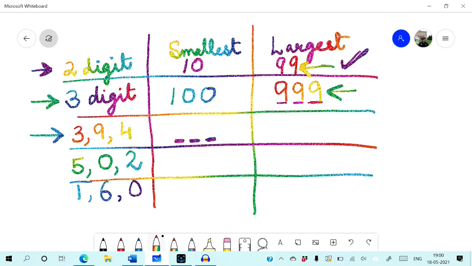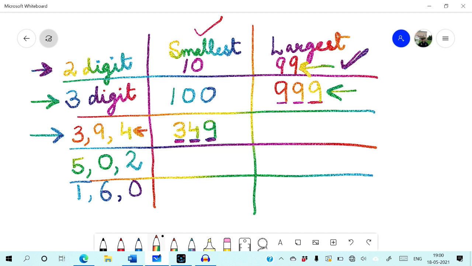Now hundreds place is the largest place. So we have to make the smallest number out of these digits. So for the smallest number, the smallest digit should come at the largest place. So 3 will come here, 4 will come here and 9 will come here. We will write the digits in ascending order.